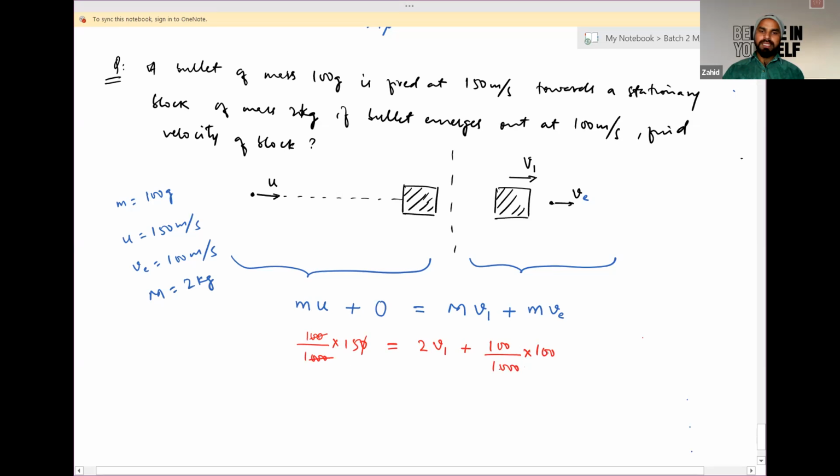This and this will cancel out. So it will be 15 equals to 2 times V1 plus 10. Move this 10 to the other side. So 15 minus 10 will be 5 equals to 2 times V1. So V1 will be 5 by 2, that is 2.5 meter per second.